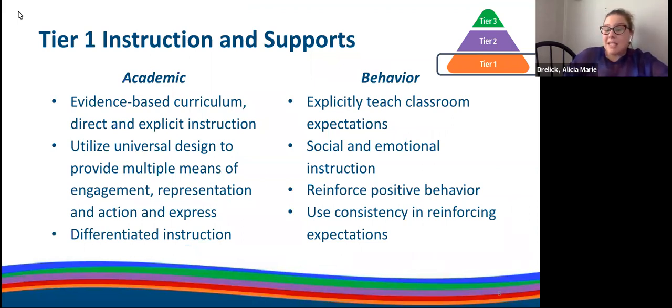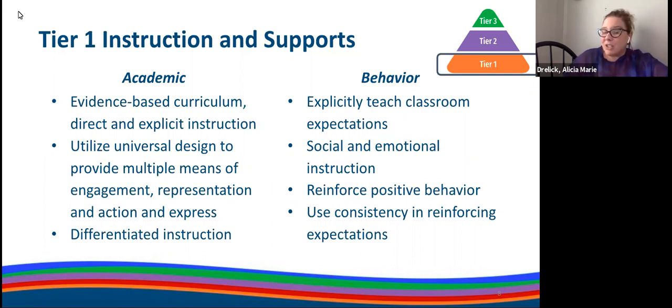When we're thinking about tier 1 instruction, again, this is really our general instruction that's happening in our classrooms. So first and foremost, when we're looking through an academic lens, we want to make sure that we are using evidence-based curriculums that embed both explicit and direct instruction. When we're developing lessons and learning experiences, we would be using universal design principles in order to ensure that things are accessible and engaging.